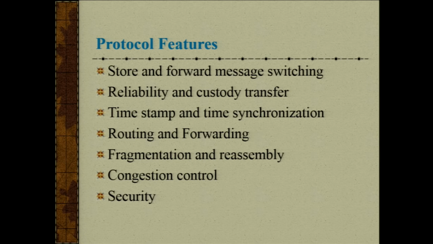So congestion actually occurs in DTN when storage becomes scarce or limited due to the presence of too many messages or too many bundles. For this, different strategies are worked out in the protocol.